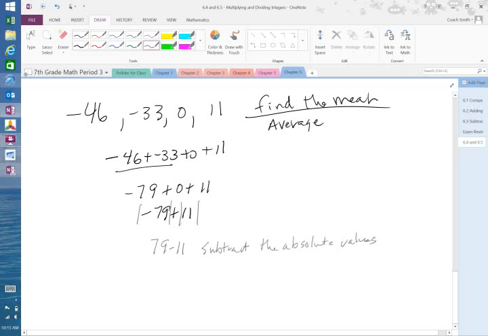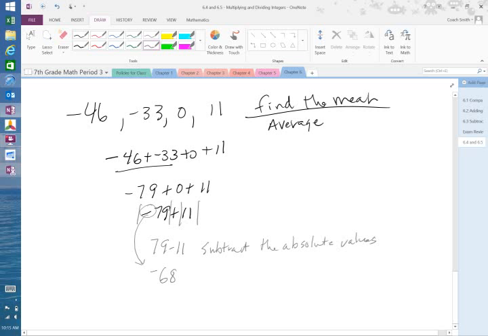It's what we covered in 6.2 and 6.3. 79 minus 11 is what? 68. Now, the larger absolute value is negative, so I have to bring it down into my answer.